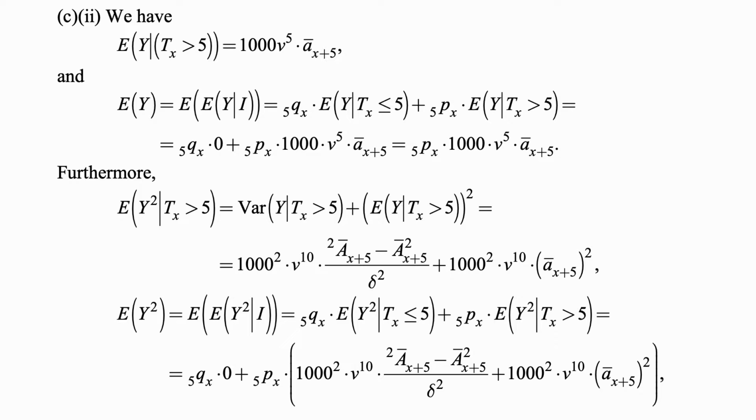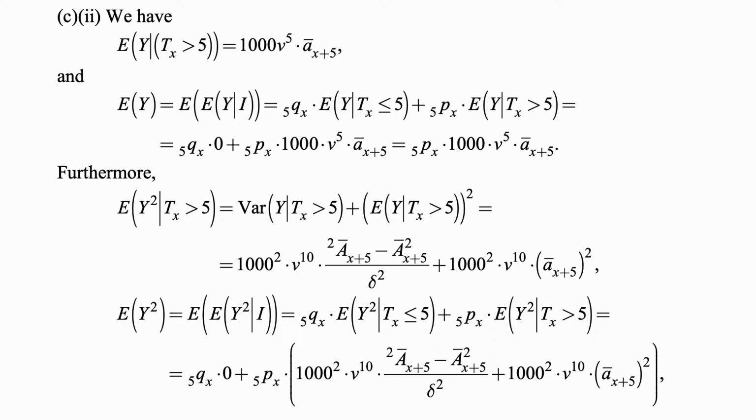On the other hand, the expected value of Y squared, given that T_x is more than 5, is a second moment. So it's the sum of the variance plus the square of the first moment. We just calculated the first moment, so we can square that. The first moment is calculated in the very first displayed formula that you see here.